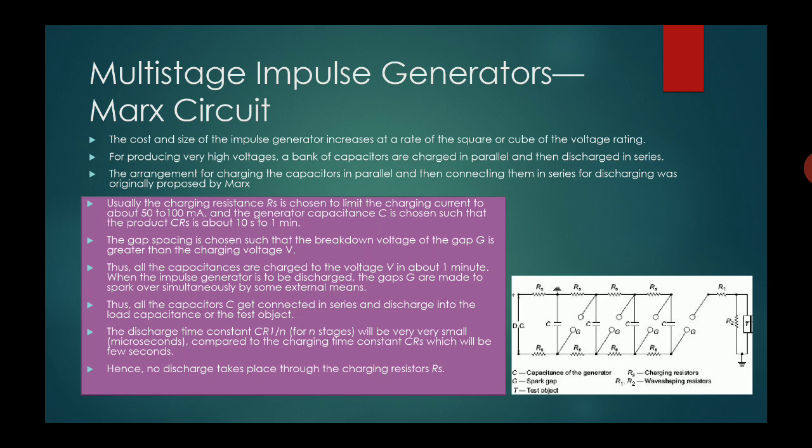For producing a very high voltage, a bank of capacitors is charged in parallel and then discharged in series. This arrangement of charging the capacitors in parallel and then connecting them in series for discharging was originally proposed by Marx.